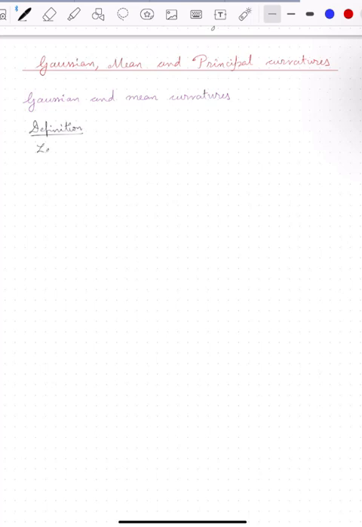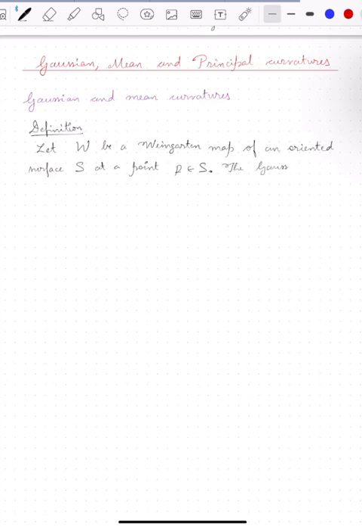It says that let W be a Weingarten map of an oriented surface S at a point P vector, an element of S, right?